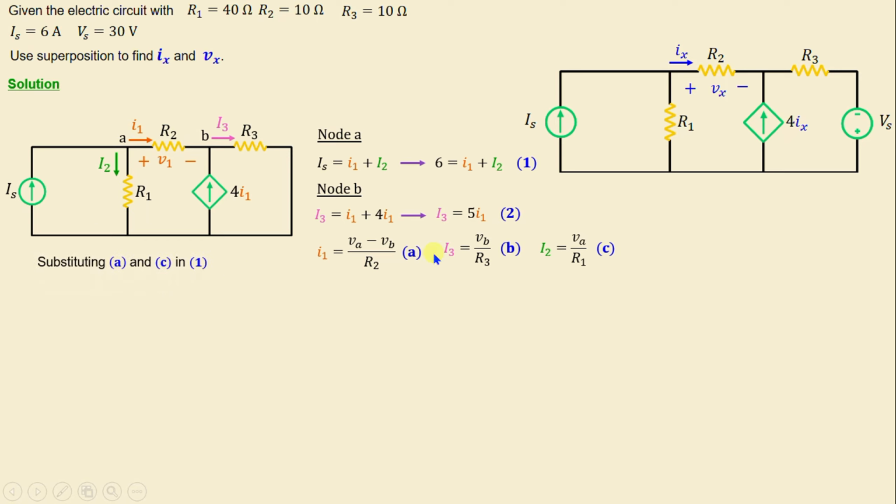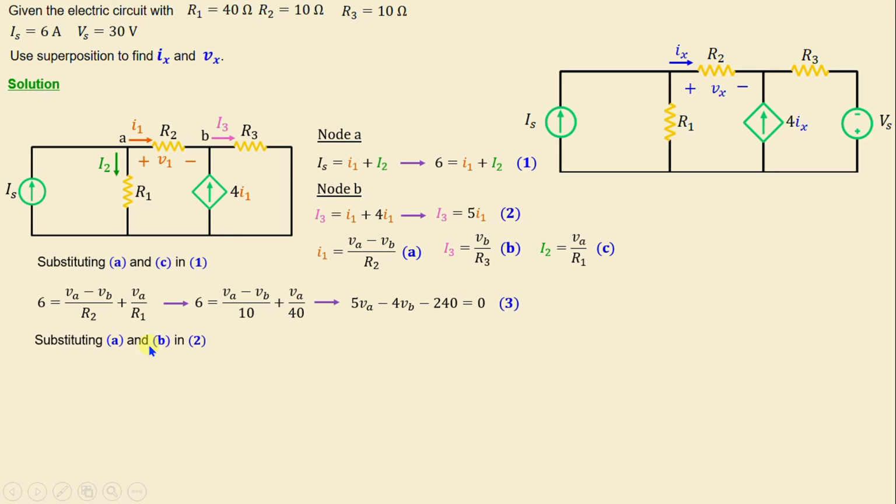Now by substituting A and C in 1, we can write 6 is equal to VA minus VB over R2 plus VA over R1. And if we replace R1 and R2 with their numerical values, and we continue simplifying this equation, we obtain 5VA minus 4VB minus 240 is equal to 0.